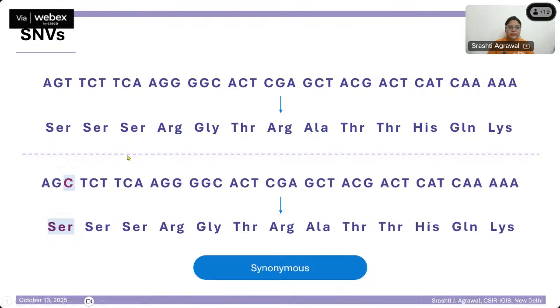Then we have synonymous variants. For example, since we have 64 codons and we have 20 amino acids, there are some codons which code for the same amino acid. For example, here AGT as well as AGC, where the single nucleotide variation is occurring, they both code for serine. Therefore, if the amino acid is not changing even after the variant is present, then we call this mutation synonymous.